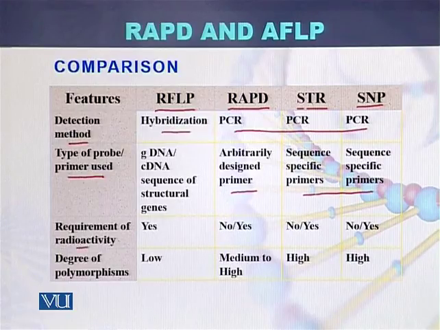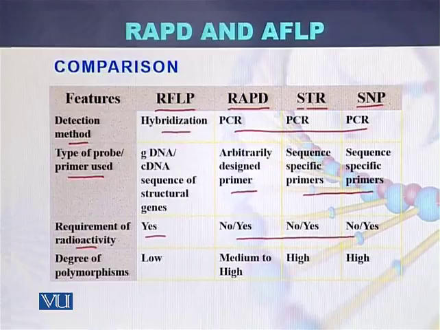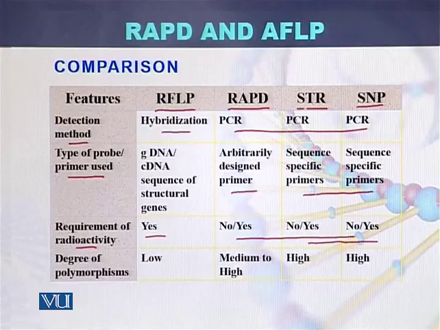Now coming to the requirement of radioactivity, in case of RFLP, yes, there is a need of radioactive labeled probes, while in case of these three techniques, it depends whether there is a need of a radioactive element or not. But in case of STRs and SNPs, most of the time fluorescent dyes are used to perform the STR analysis or the SNP analysis.